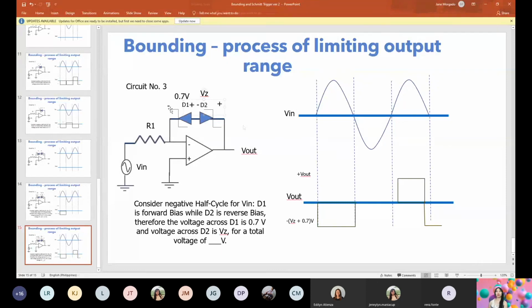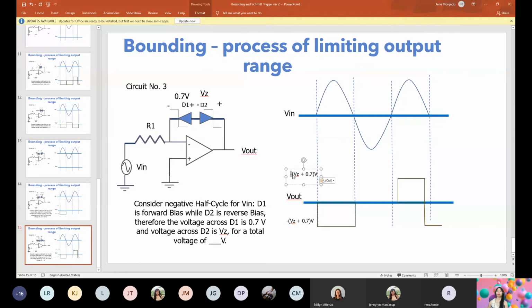That's it. So we have negative positive 0.7 for D1 and negative positive VZ for D2. Therefore, what is the total voltage? If you're going to have a VOM across Vout, what do you think will be the measurement across Vout? Positive 0.7 plus VZ volts. Okay, so we'll have the same output as this one, it's just a positive value.